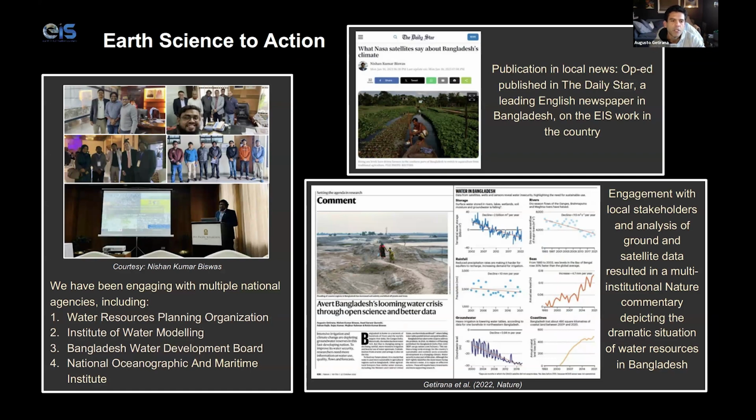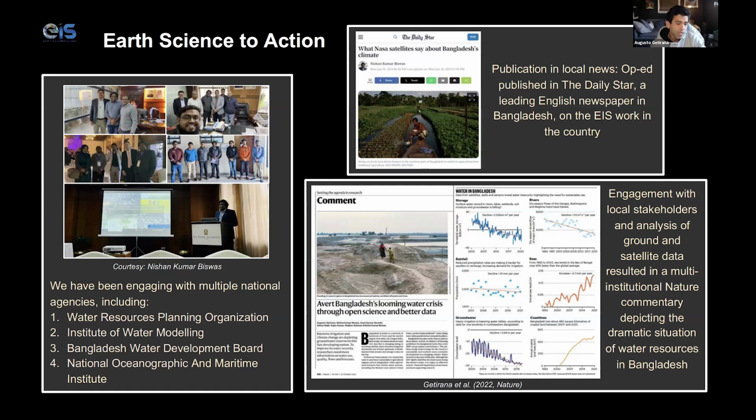He's Bangladeshi originally, working at NASA Goddard. And in these pictures, he's interacting with some stakeholders during a conference on flood risk in Dhaka last year. We also published an op-ed in the Daily Star, the leading English newspaper in Bangladesh. That op-ed was led by Nishan.